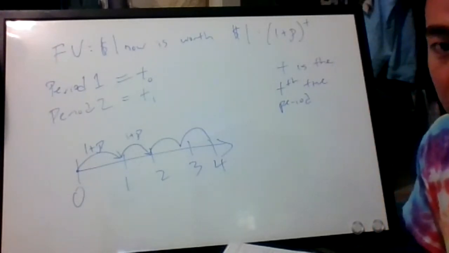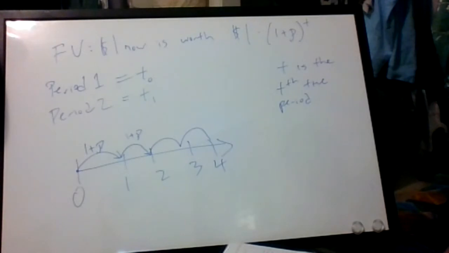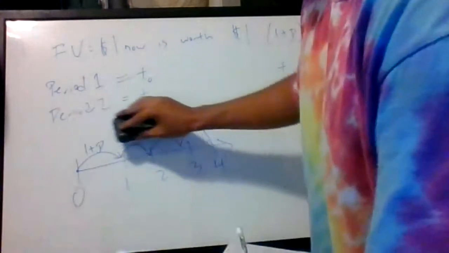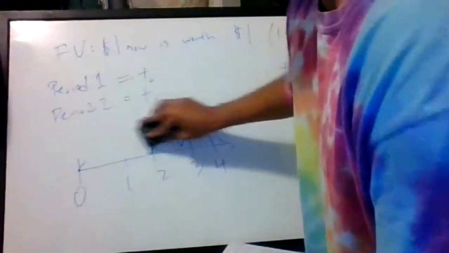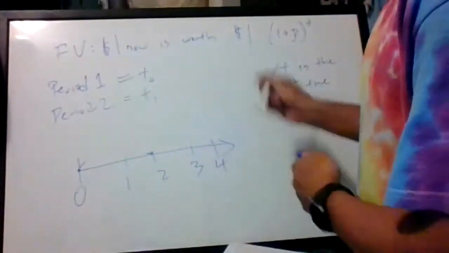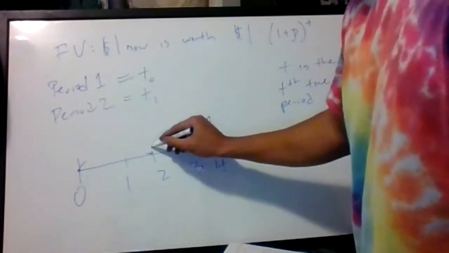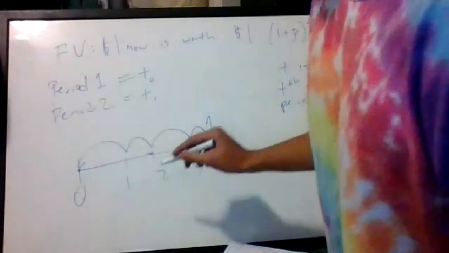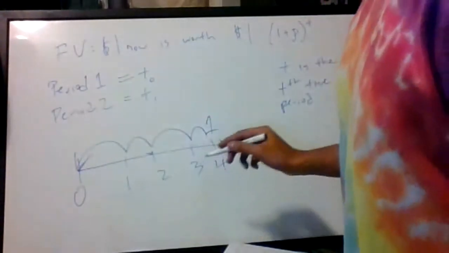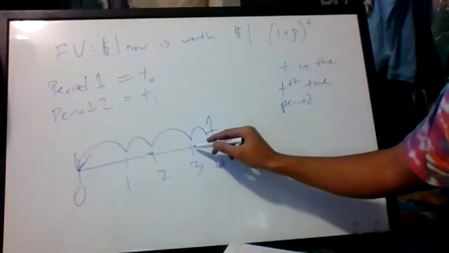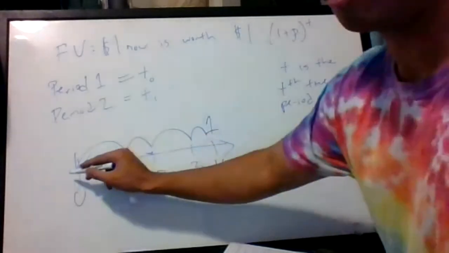You multiply. And likewise, say that we're here and we have $1 here, but you want to find the present value. Then you would just do the opposite and keep going backwards. So you go back 1 period, 2 periods, 3 periods, and 4 periods.